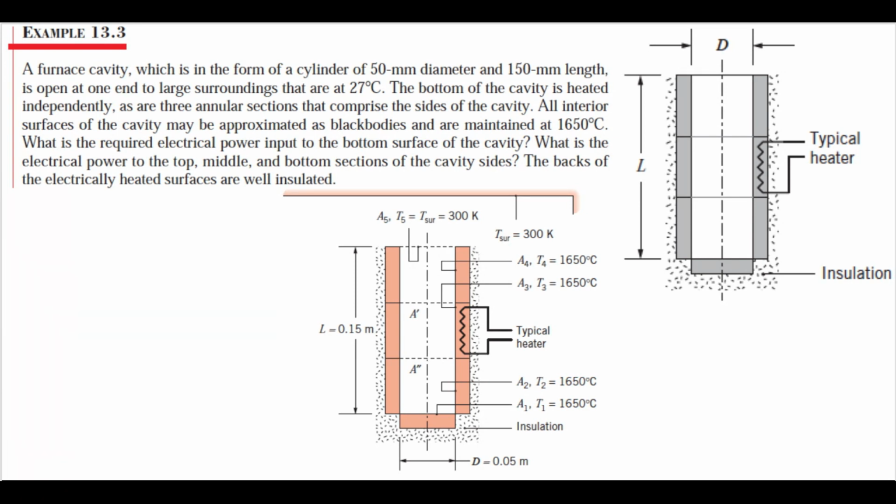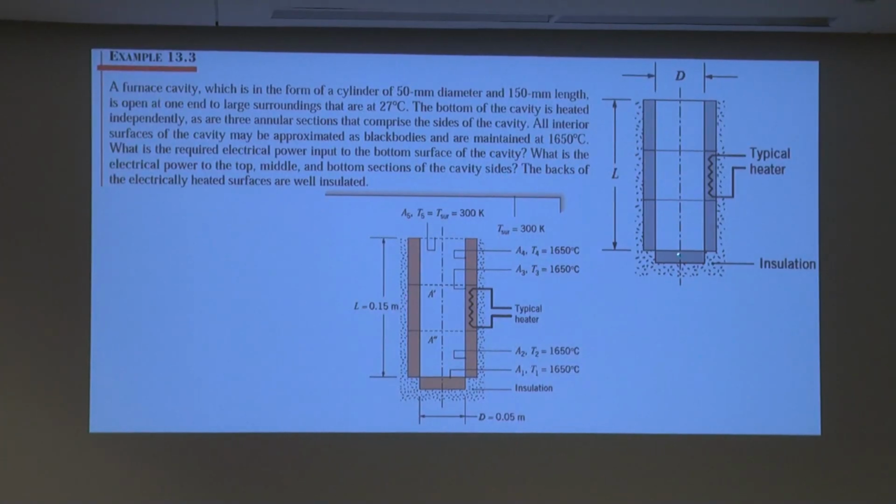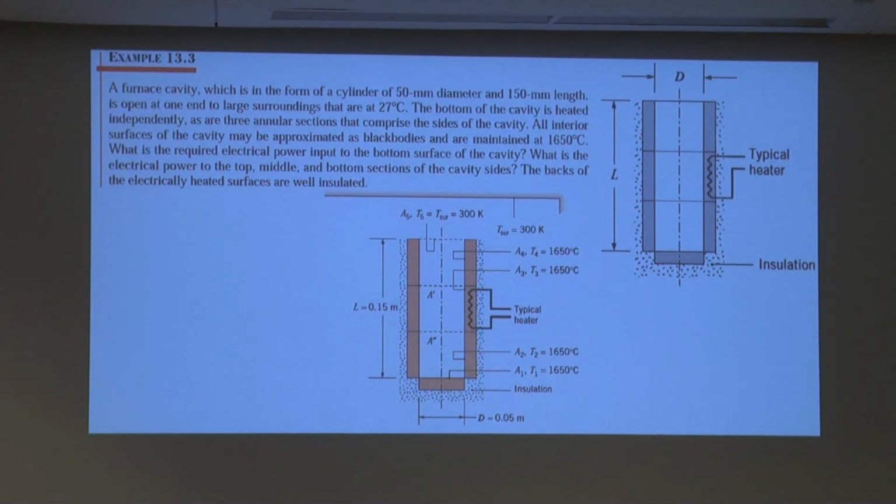If you remember the table of values we saw before, it's 0.9 or 1, something like that, close enough to a black body. I like the math of the black body. So let's start doing it. I'm going to start by calculating how much heat I need to put in this bottom element. If we have time, we're going to calculate how much heat we need in this other element here. So let's get started.